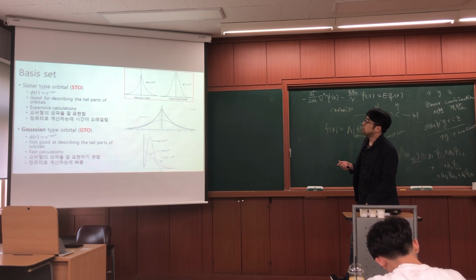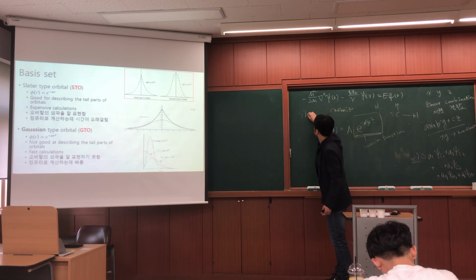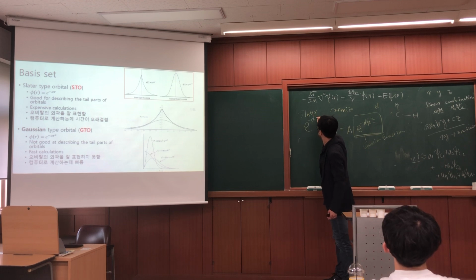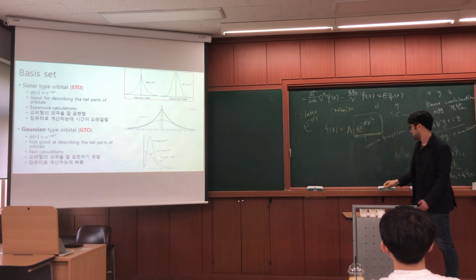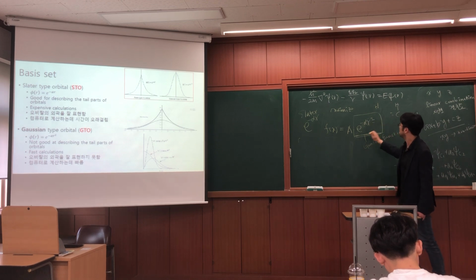So in quantum chemistry also, generally there are two types of basis sets. The one is Slater type orbital. The Slater type orbital means that the orbitals are approximated by the sum of this function. So this is Slater type, whose functions are exponential minus alpha r, and Gaussian types are exponential minus alpha r squared.